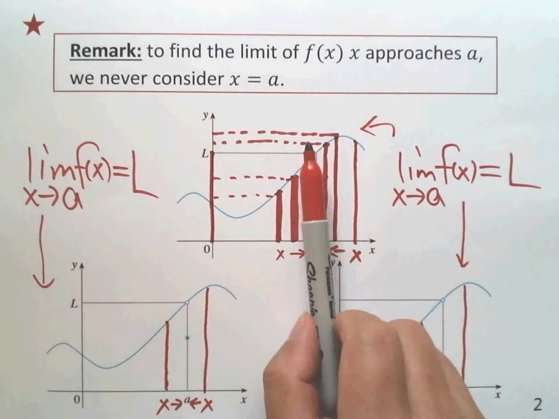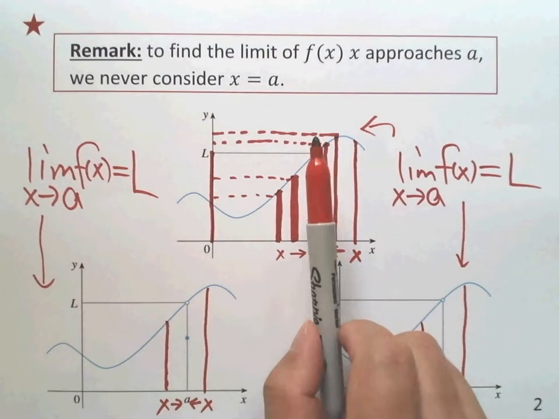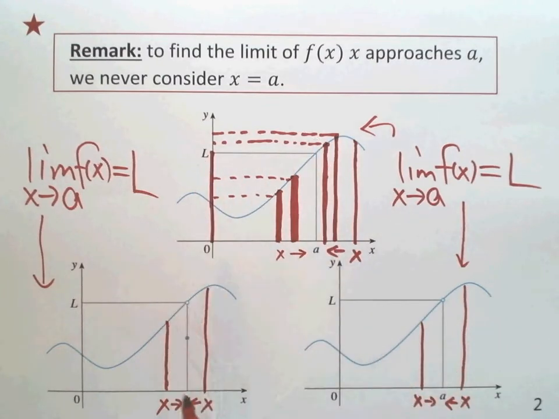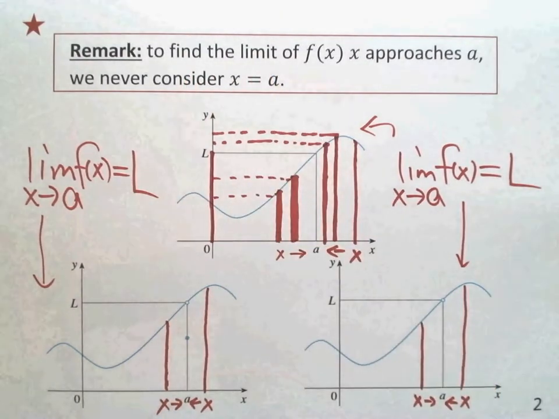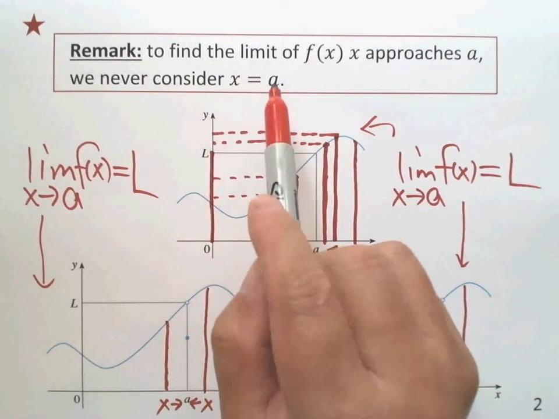So here we have the definition f(a) equals L. Here we have the definition f at a lower than L, and the last we don't define, okay. So we don't define f at a, totally not defined. However, they have the same limit, which means what? So we look back here. If we find the limit, we never consider the point x equals a.